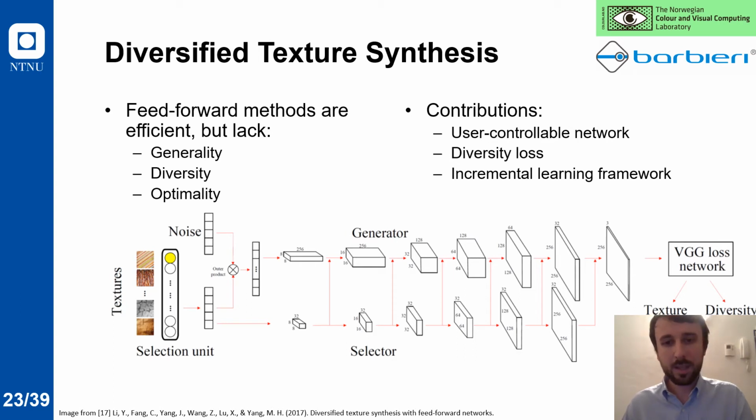This network is not exactly a GAN, because instead of a discriminator, it has a selector, which helps the generator to remember the various textures on which it has been trained.